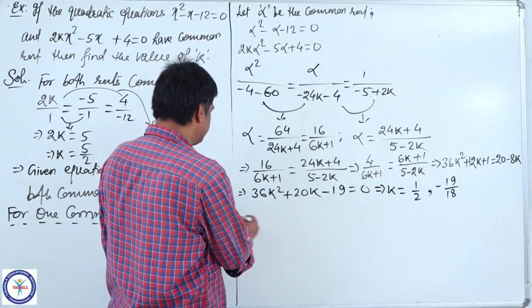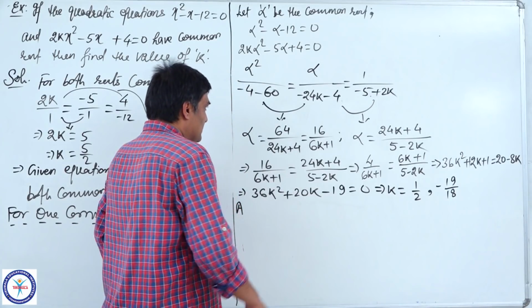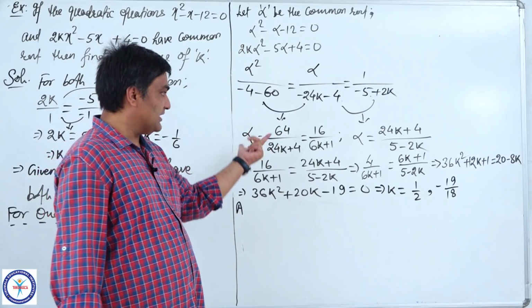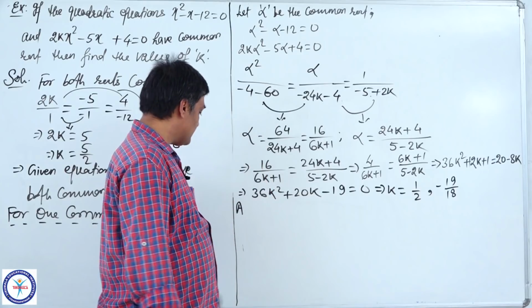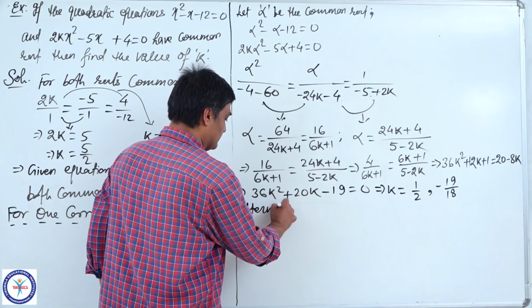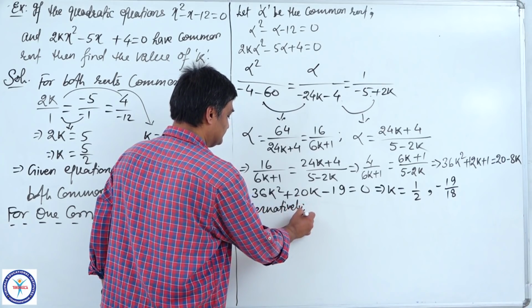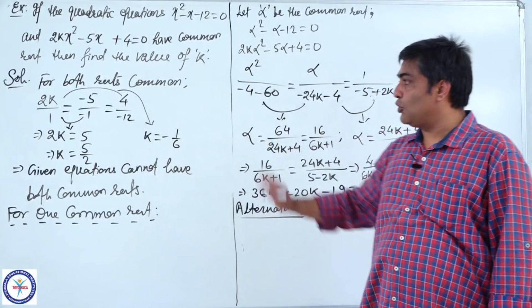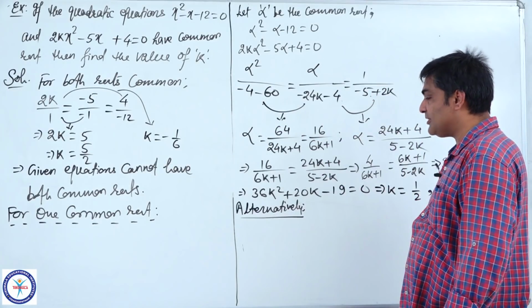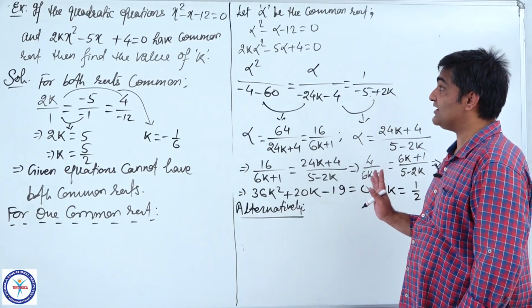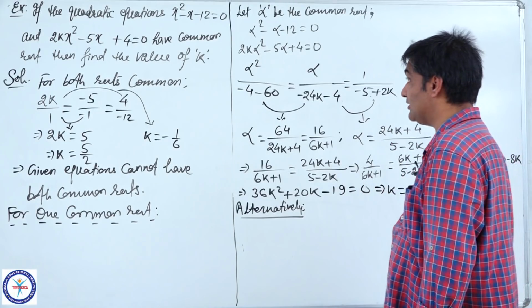Now, if we go through this method, there is somewhat more calculation. We can think of another way also. See, we have seen that both roots cannot be common. So if common roots are there, then only one root is common.